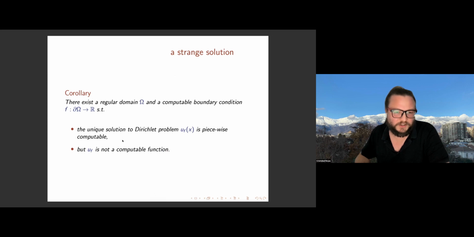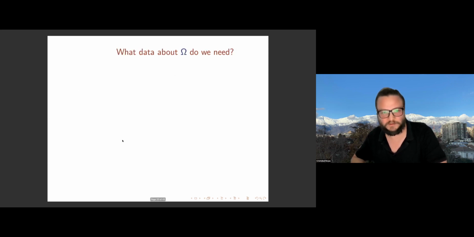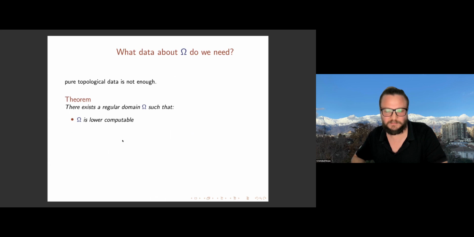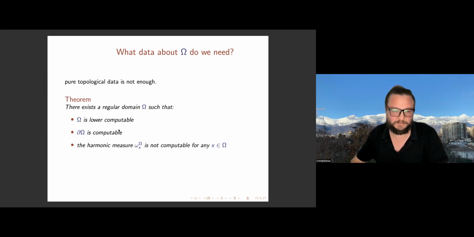So there is nothing to show here. We need only to pick one particular function, and this is a direct consequence. And then there is this other example, which is a set that has to be computable, but now we want the harmonic measure to be non-computable at every point.